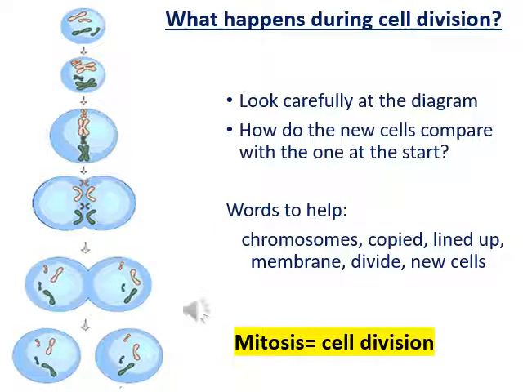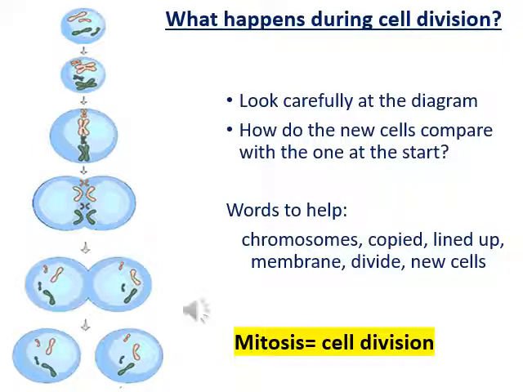I told you that they pair up, so in the top they are single chromosomes, but in the second cell down they are paired chromosomes, and when they are paired they look like those X structures.